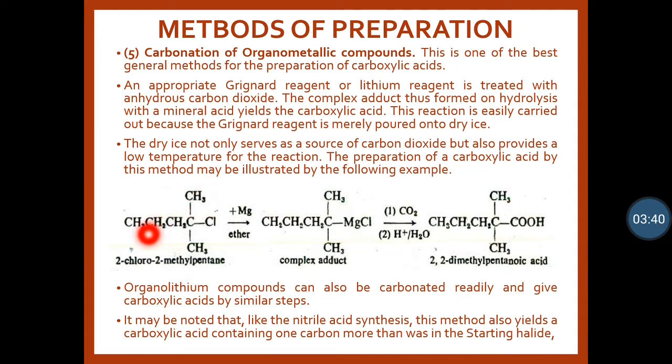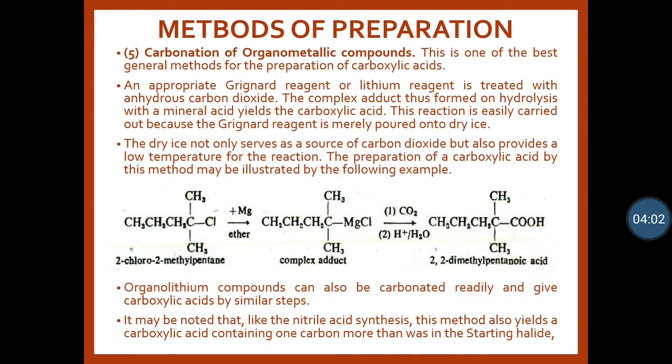The preparation of carboxylic acid by this method may be illustrated by the following example. In this case, 2-chloro-2-methylpentane with the Grignard reagent will give the complex adduct. Then the action of dry ice, that is CO2, and water for hydrolysis will give 2,2-dimethylpentanoic acid.